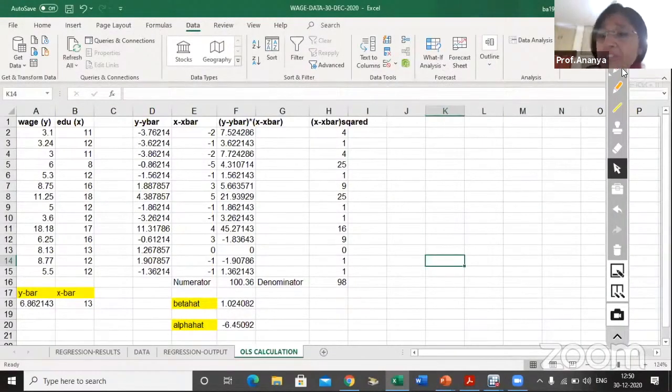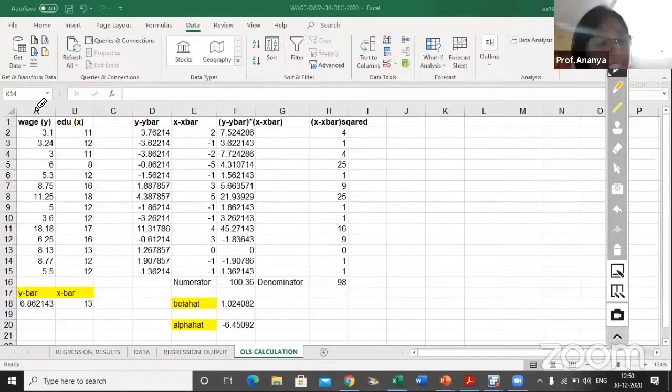I have a very small data set, kept small just for illustrative purposes: 15 observations on two variables, wage, my dependent variable, and education, years of education, my explanatory variable. Now I ran a regression of wage on education in Excel. The regression result is right here.